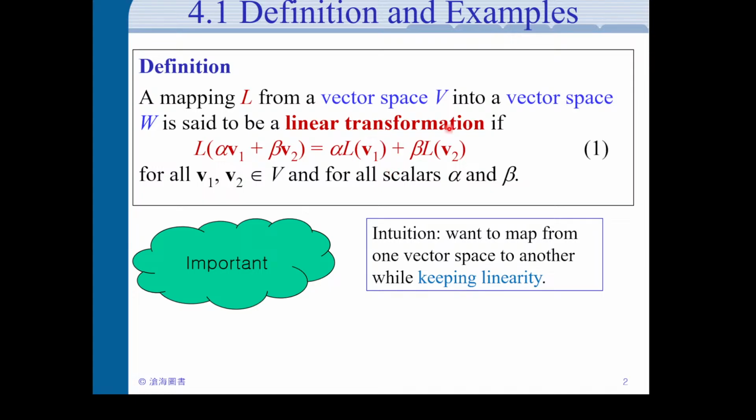So you want these two linear combination structures to be matched. A mapping is a linear transformation if the mapping respects the linear structure of V and W.